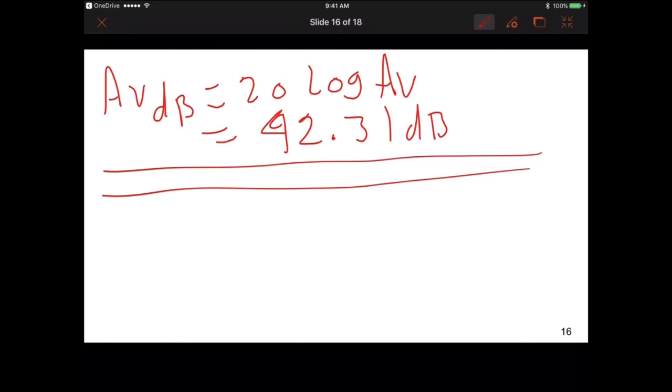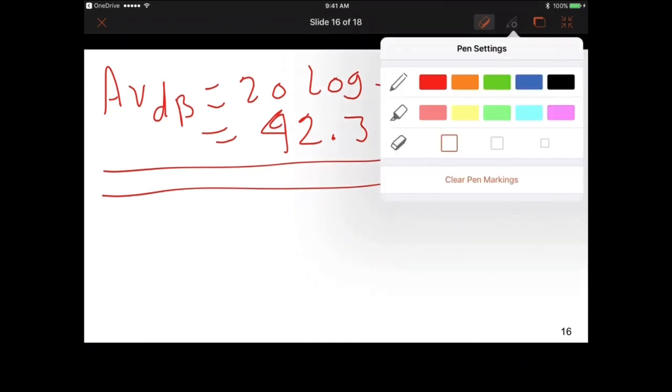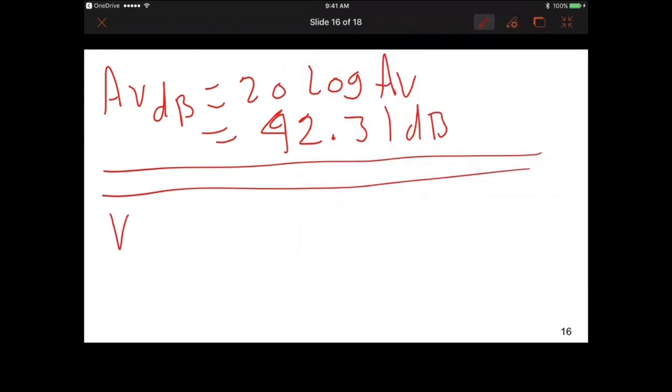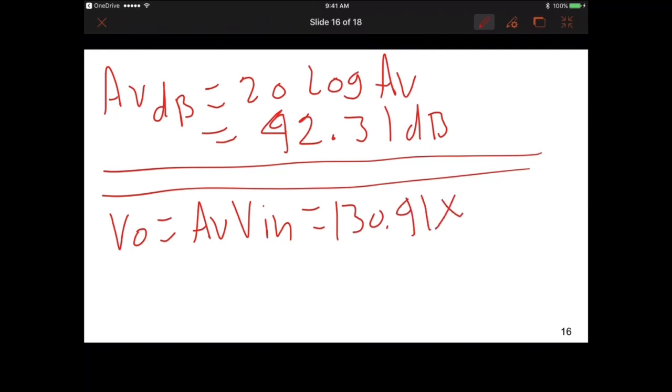VO is equal to the voltage gain times Vin. So use the ratio, not the dB: 130.41 times 20 millivolts.